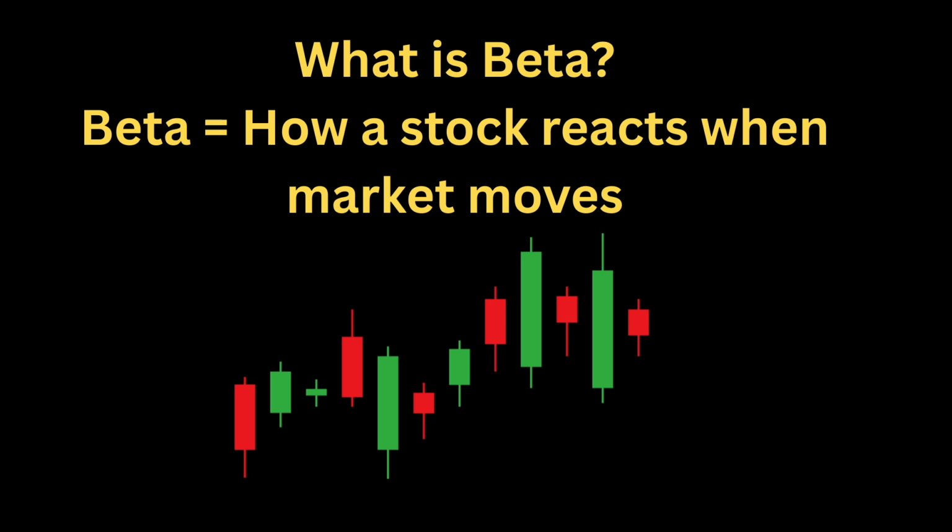So what exactly is beta? In the beta number we are just comparing the stock's movement to the market. Let's say the overall market, the Sensex, goes up by 1% and our stock goes up by only 0.7%, then beta is 0.7. It's that simple.